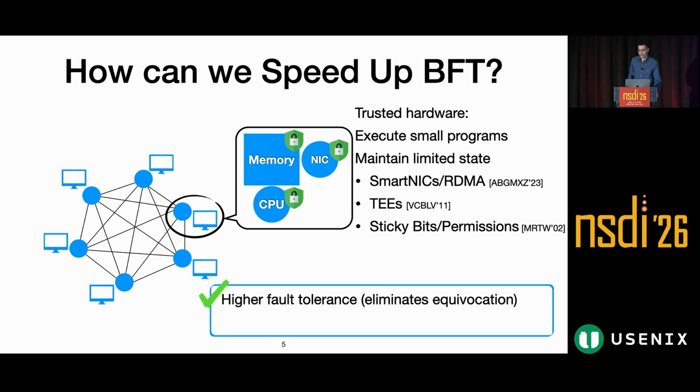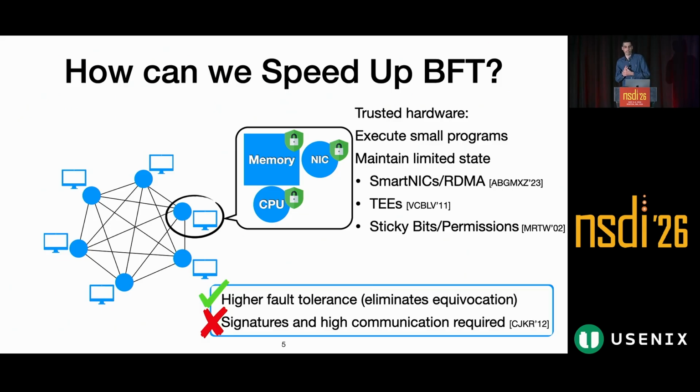The common idea behind these protocols is to eliminate equivocation, meaning eliminate the ability of a Byzantine replica to send contradicting messages to others. This provides higher fault tolerance, but in general, all these protocols still rely on signatures and still need high communication when some replicas are faulty.